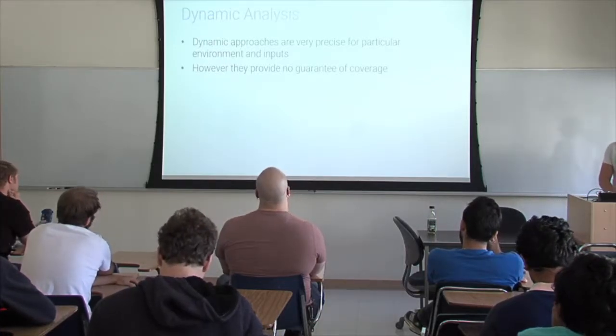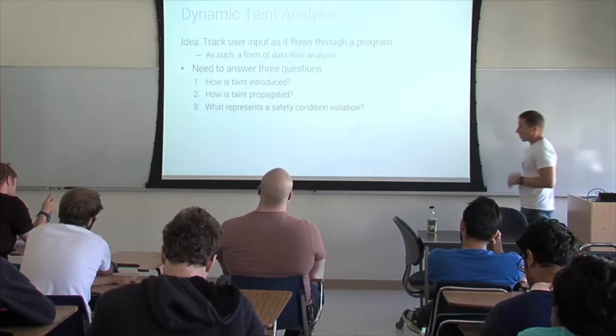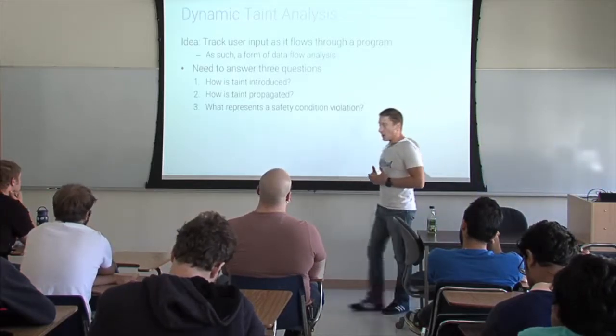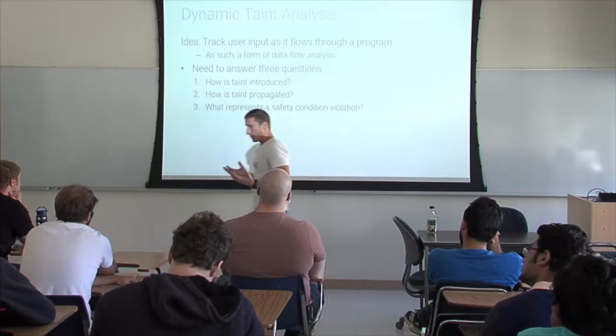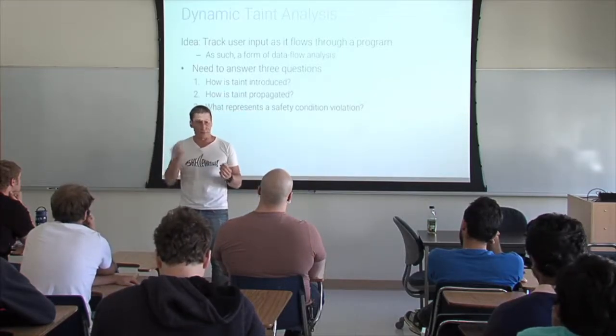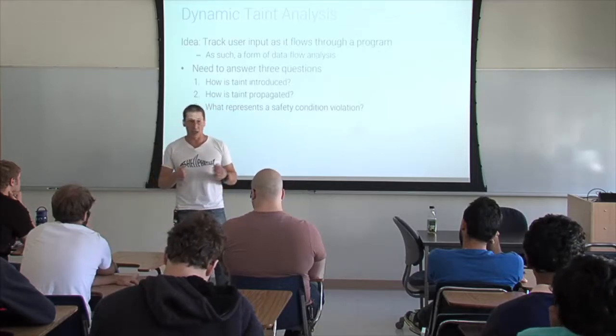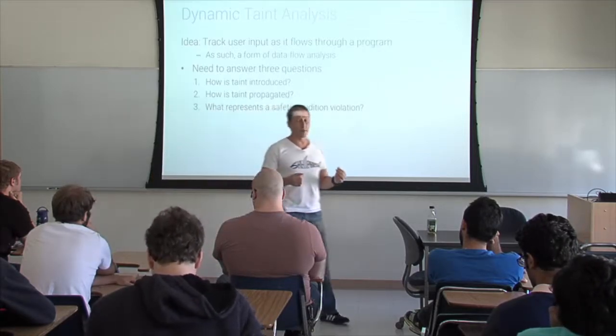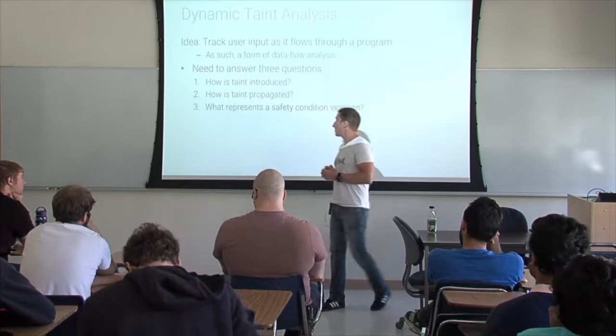So if we go back to the same problem, taint analysis, you can do that with dynamic analysis as well. You just instrument your program, and every time you have something that is defined in terms of something else, you say, oh, now this piece of data is also tainted.